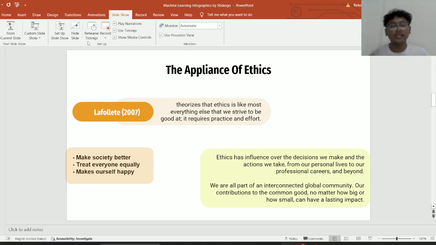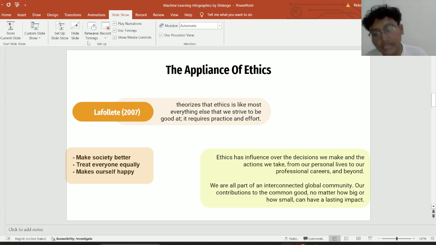Each of us is part of an interconnected global community, and our contributions to the common good, no matter how big or how small, can have a lasting impact. Because we are part of society and the interconnected global community, every contribution we make to the common good, big or small, will have a lasting impact.